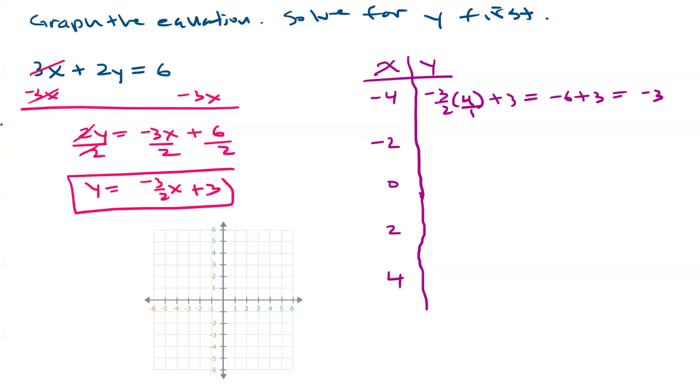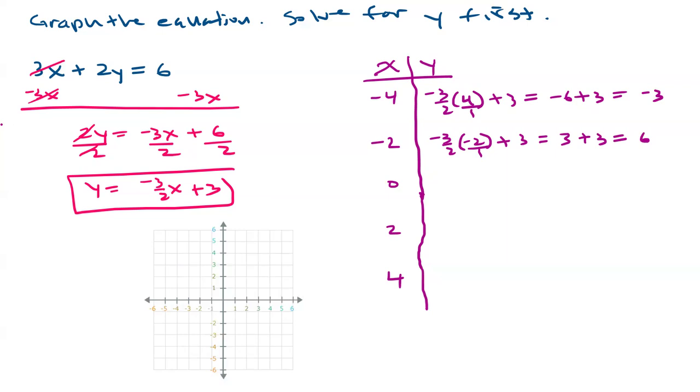I do the same thing for this one. I get -3/2 multiplied by -2 plus 3. I can put that over 1. -3 times -2 is a positive 6, divided by 2 is 3. So 3 plus 3 will give me 6.